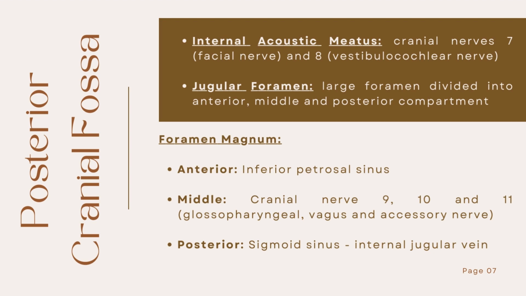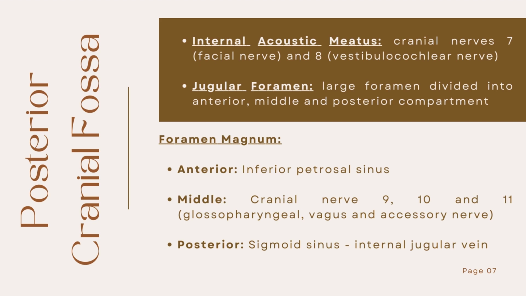The posterior compartment of the jugular foramen is where the sigmoid sinus passes through. Rather, the sigmoid sinus joins with the inferior petrosal sinus, and they form the internal jugular vein.